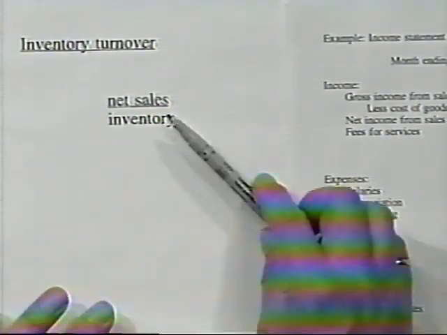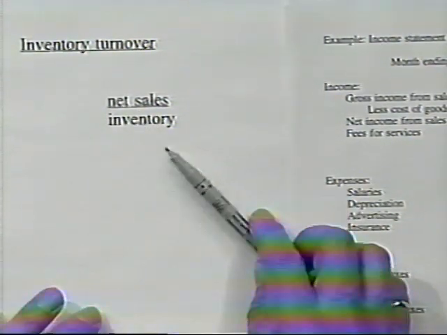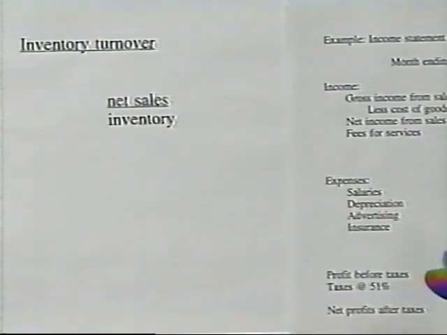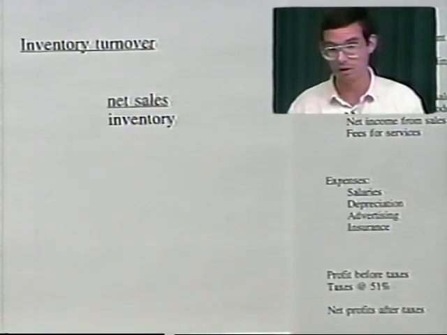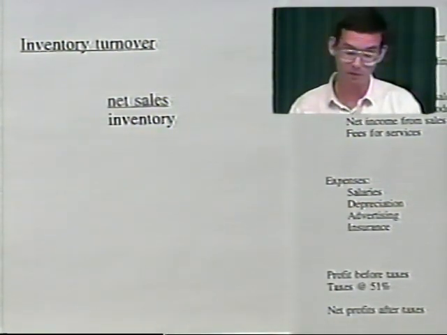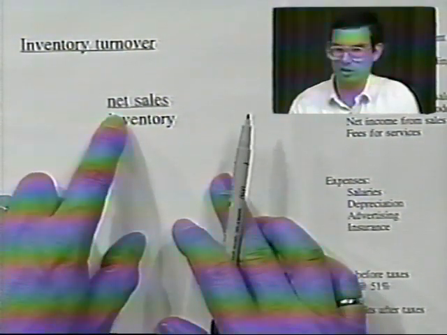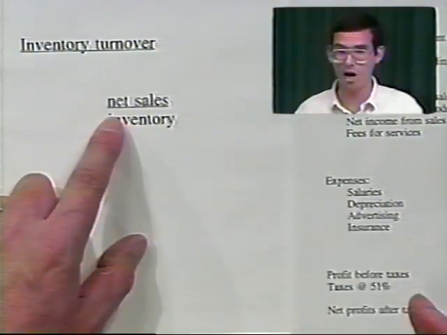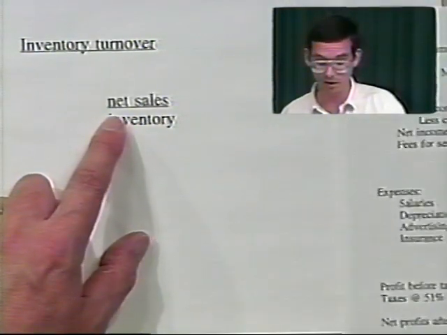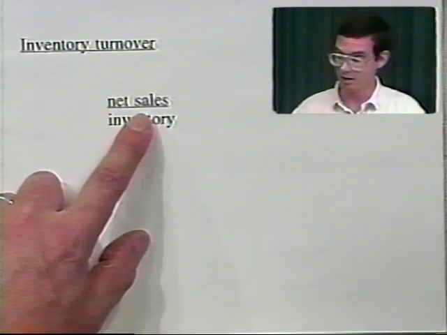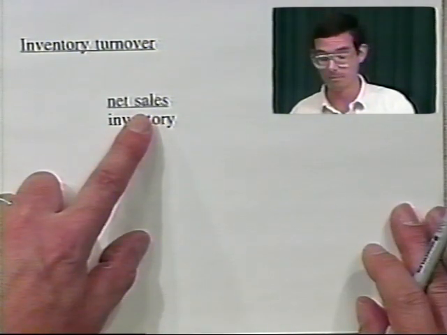So things like net or inventory have loose meanings. Sometimes inventory can mean everything from raw materials to goods on the shelf. Sometimes it can mean only finished goods. The word net just means that some process has been undergone by the thing that it modifies, and that process has to be defined.